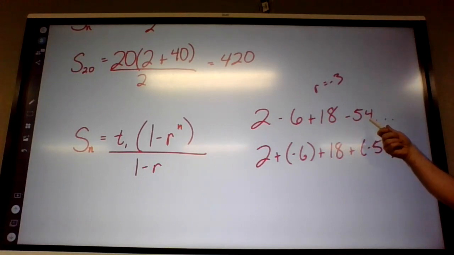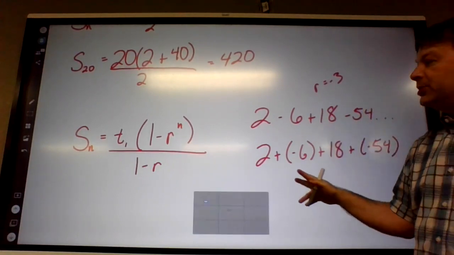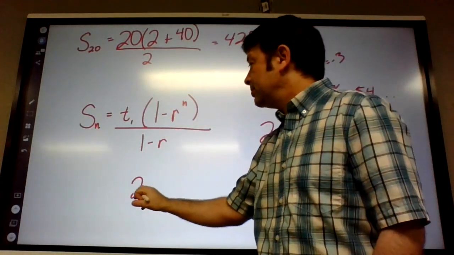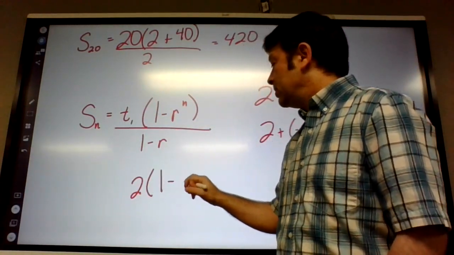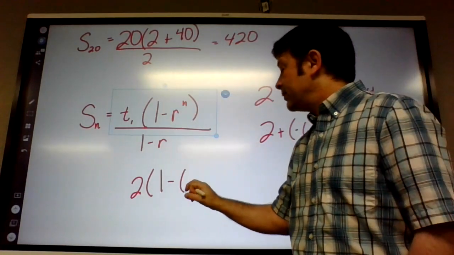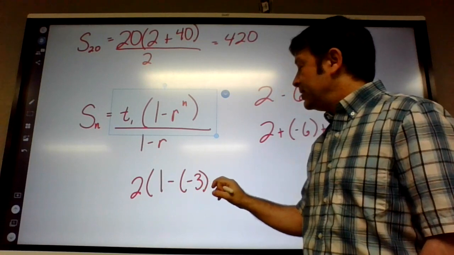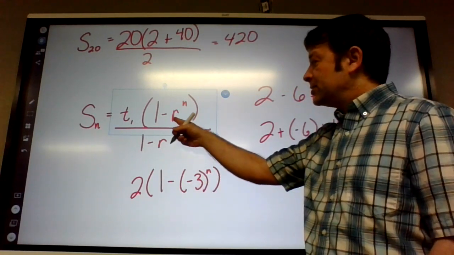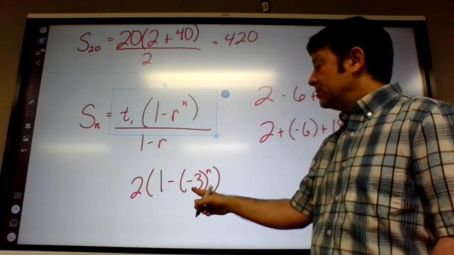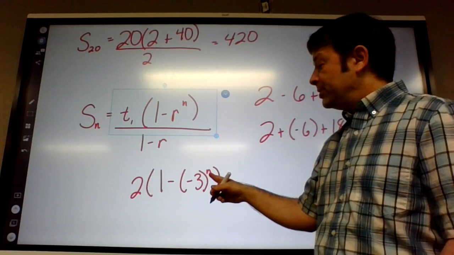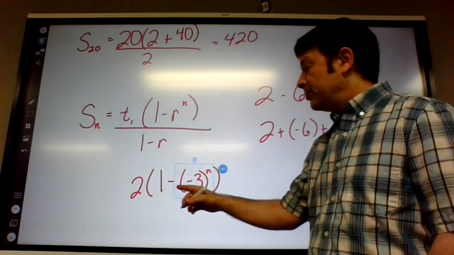So when you go to plug it in, t sub 1 still stands for the first term, which is a 2. R is the common ratio, it's -3. You'd have to put -3 in parentheses there because that negative is a part of the ratio. If you don't, when you go to the exponent, it won't apply to the negative.